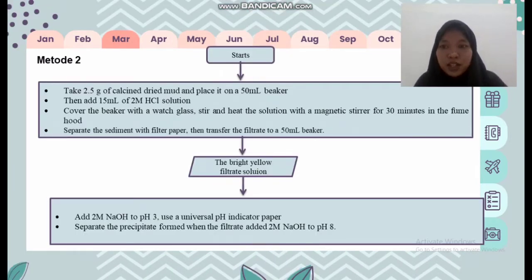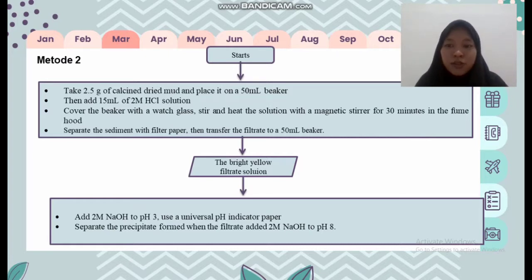The next is method 2. The first is start, and take 2.5 gram of calcined dried mud and place it in a 50 ml beaker, and then add 15 ml of 2 molar HCl solution. Cover the beaker with a watch glass, stir and heat the solution with a magnetic stirrer for 30 minutes and hot plate.